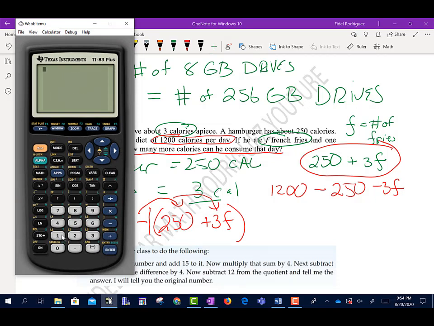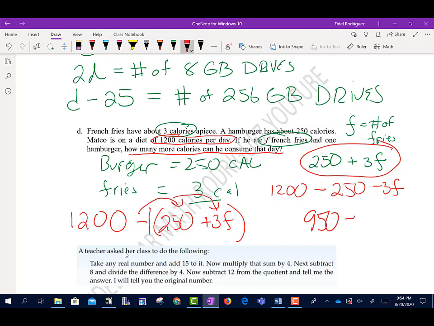So now I'm going to take 1,200 and subtract off 250, and that's going to give me 950. So this is going to be 950 minus 3F, and that's how many calories he still has to consume within that day.